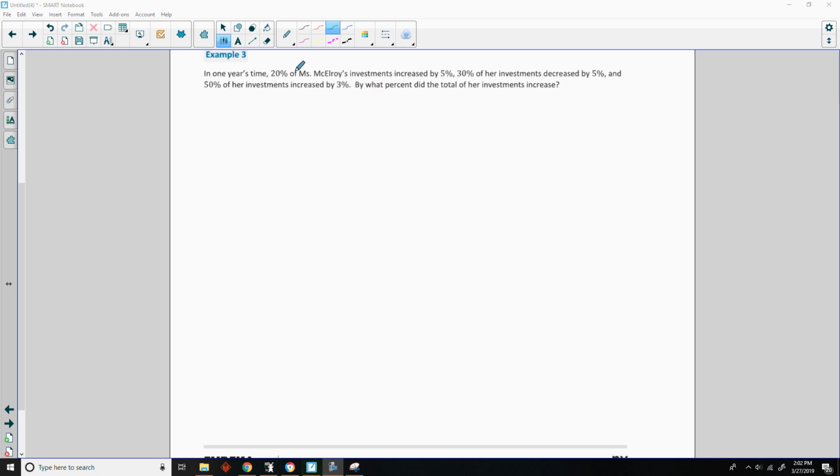Okay, so example 3 says, in 1 year's time, 20% of Miss McElroy's investments increased by 5%. 30% of her investments decreased by 5%, and 50% of her investments increased by 3%. By what percent did the total of her investments increase? So she has 3 investments.